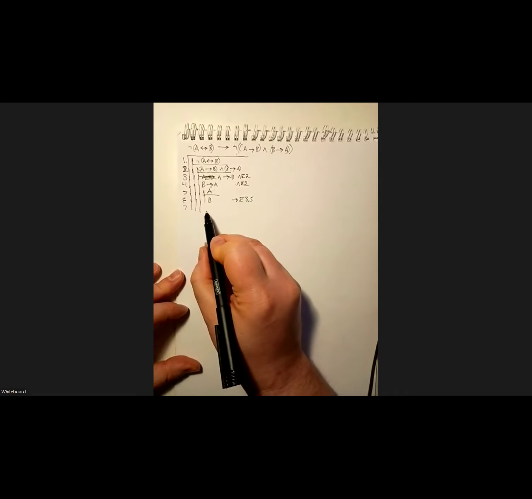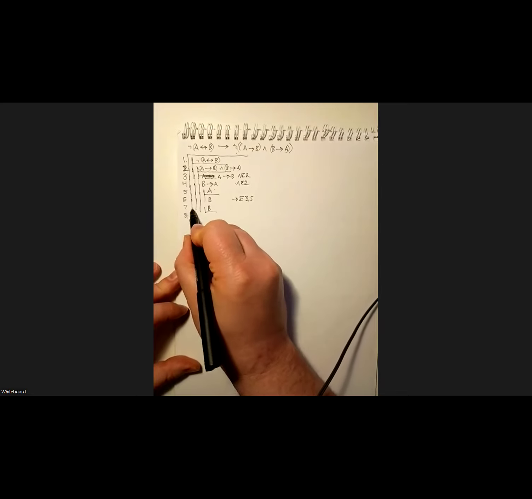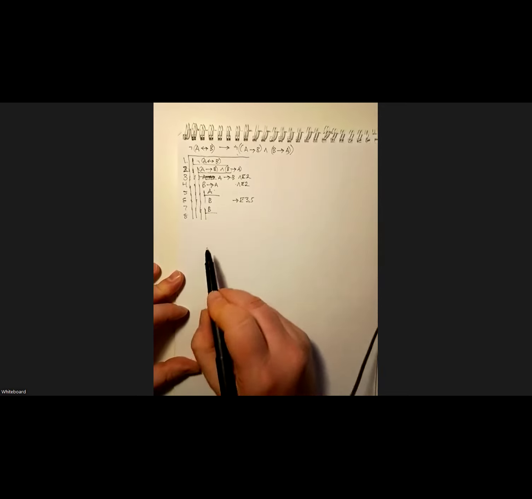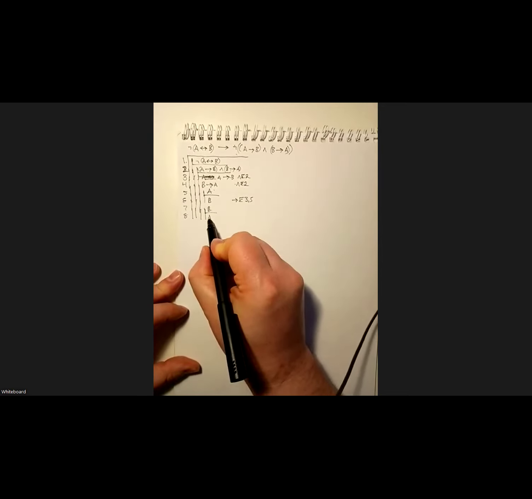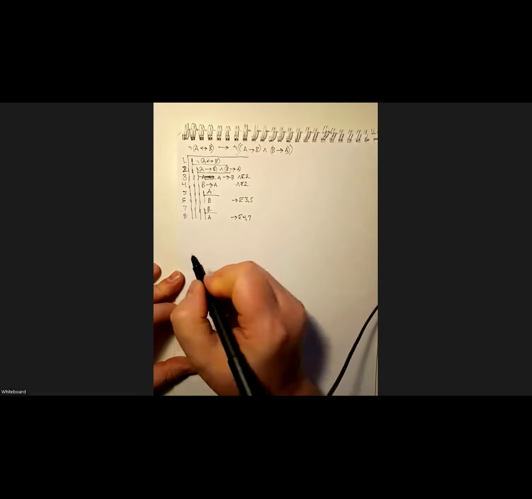And now because we're doing biconditional introduction, we've got to do it again from the other way. So we assume B, and we use that conditional and B to give us A through conditional elimination on 4 and 7.